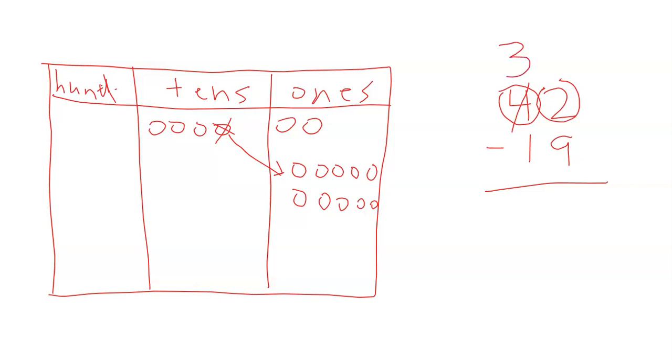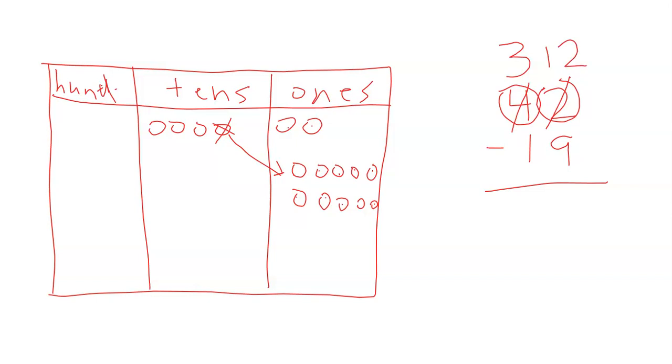And I used to have 2 ones, but now let's look how many I have. 1, 2, 3, 4, 5, 6, 7, 8, 9, 10, 11, 12. So now instead of 2 ones, I now have 12 ones. So that's why I cross off that 2 and I write 12 instead.